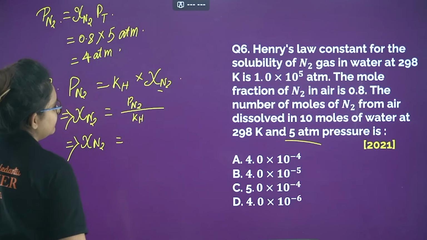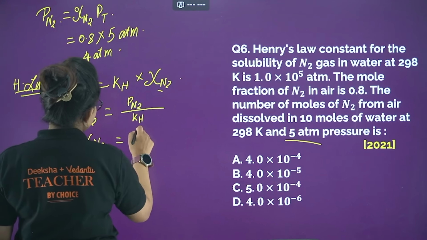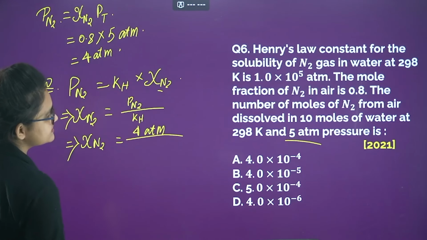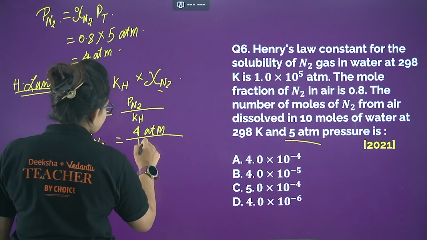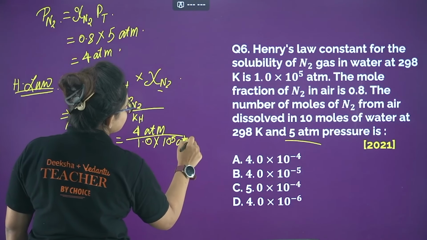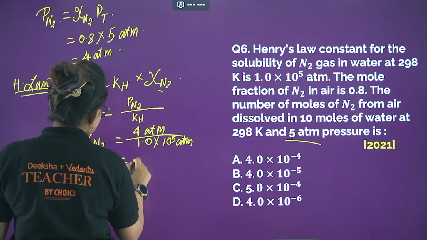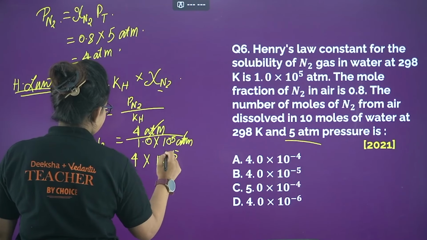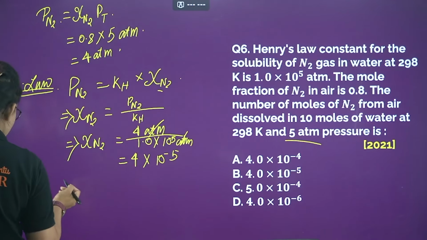Let's put in the values. The pressure of N2 is 4 atmosphere, divided by KH, which is 1.0 into 10 power 5 atmosphere. So from here I get the mole fraction as 4 into 10 power minus 5.